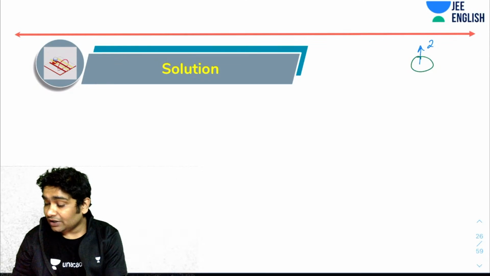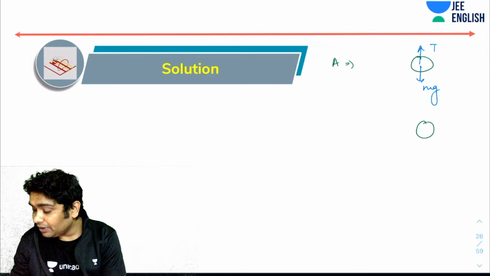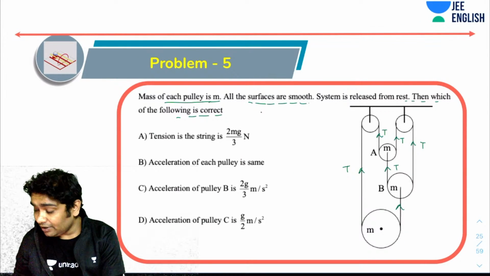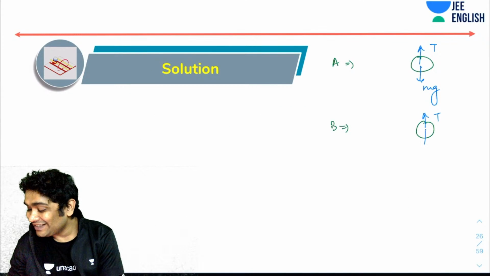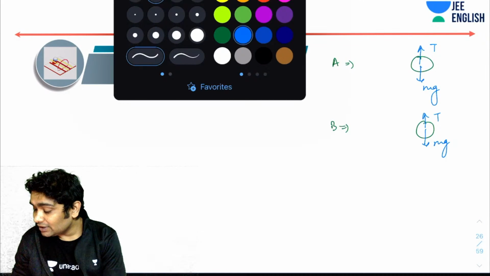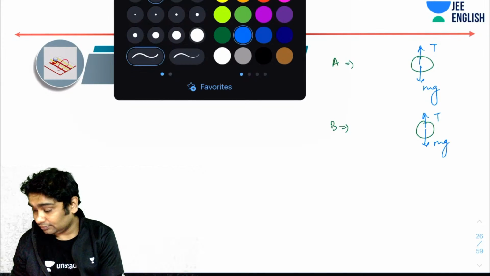This is the FBD of A. For B, I will have again the same FBD: 2T acting up, 1T acting down. I'm getting the same FBD. 2T is the net force up and Mg is the net force down. And how about C? For the FBD of C, you will realize you have 2T acting upwards and Mg acting downwards.